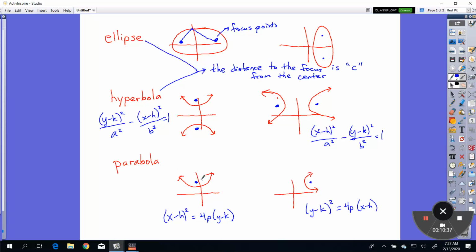For the parabola, we don't use c, we use p on this one, which should be nice if they were all the same. So p is the distance from the vertex to the focus.